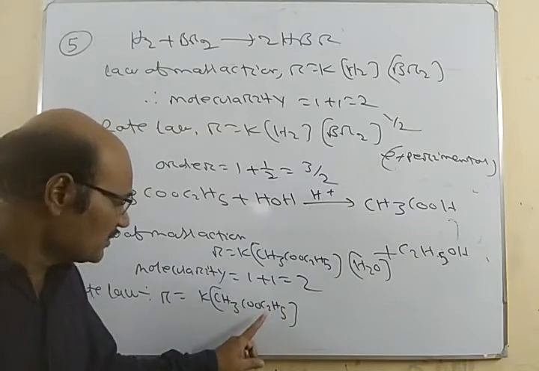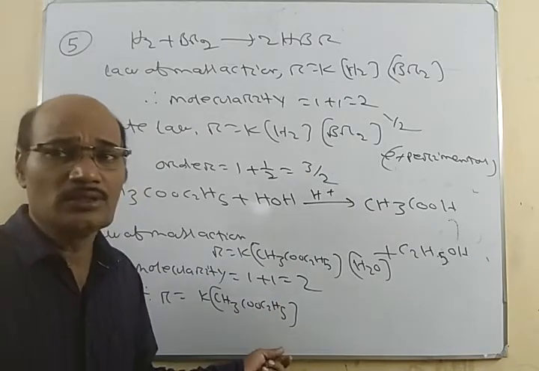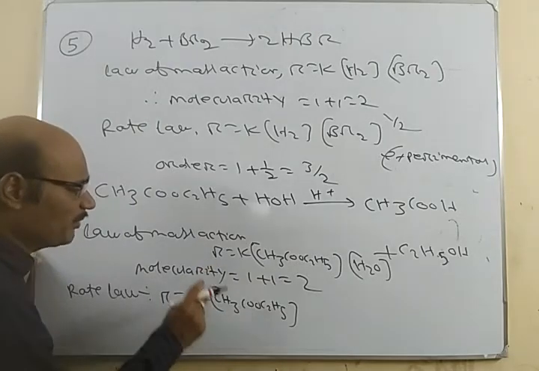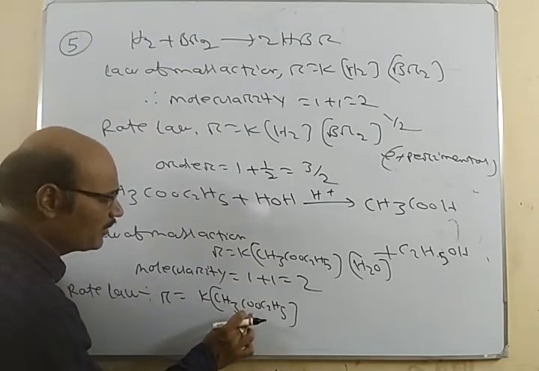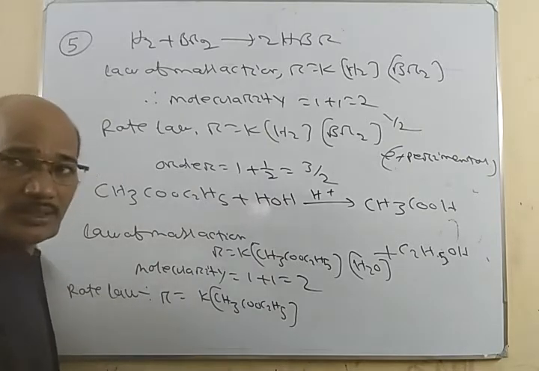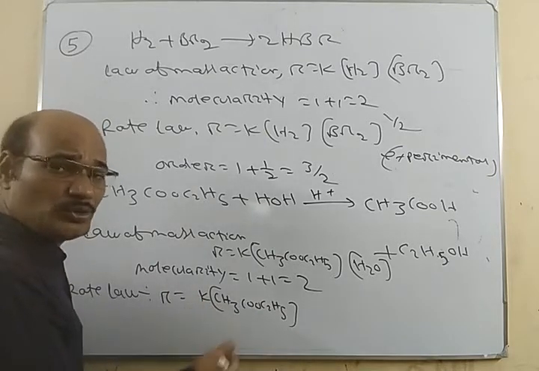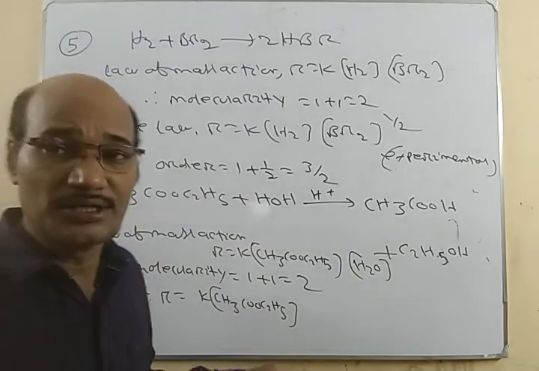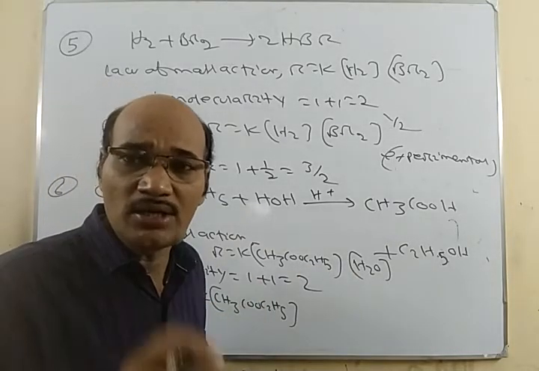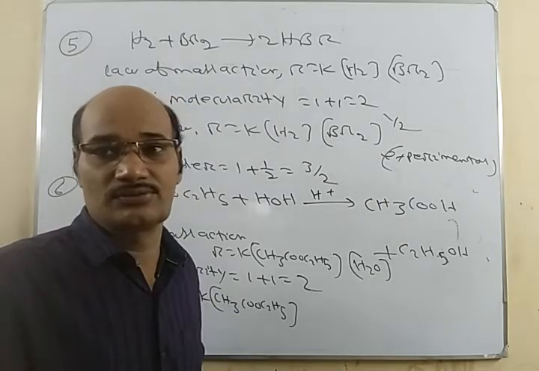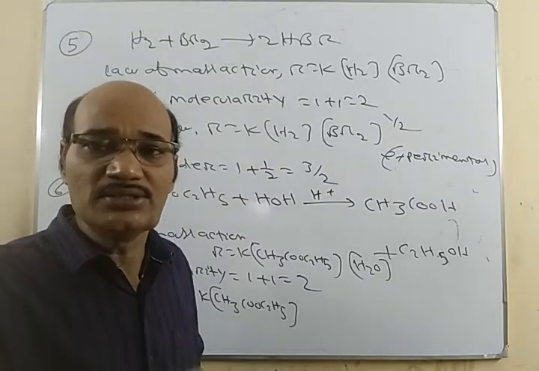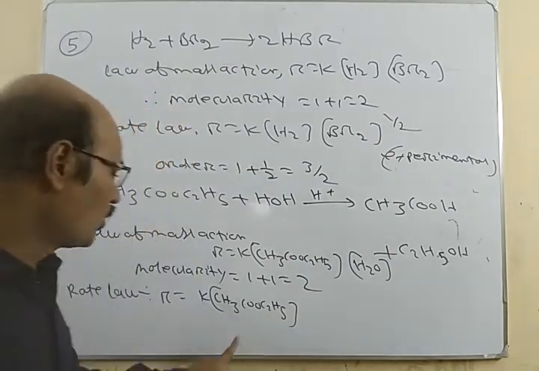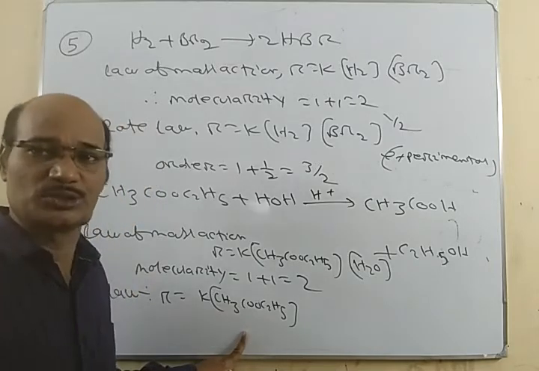So this reaction is assumed to be second order because the rate depends upon CH3COOC2H5 and also H2O. But because water is taken in large excess, a small change in the concentration of water is not observed. That's why this is called a pseudo first order reaction.